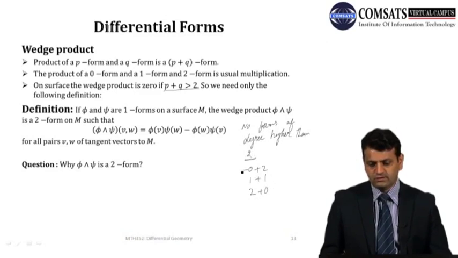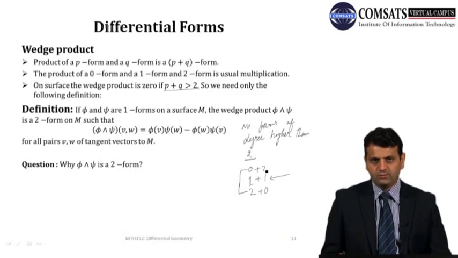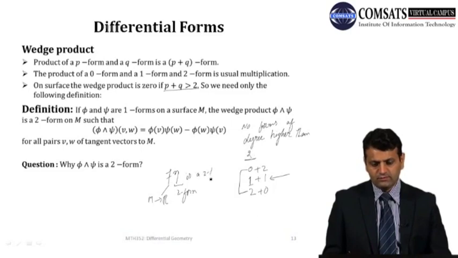So these two cases are the same, since one is degree 0 and the other is degree 2. So basically I am left with only one more case, and that is the product of two 1 forms. So how to multiply a 0 form and a 2 form? This is just the multiplication f into eta, where eta is a 2 form and f is a function from M to R, then f into eta is a 2 form.